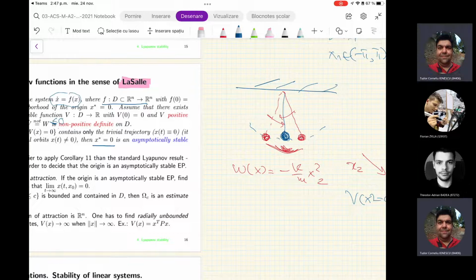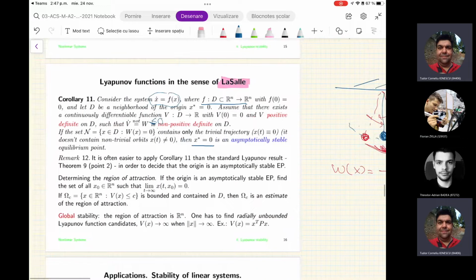Is this making sense to you? Yes. I suppose so. I don't know how to explain it better than this. Okay. Well, most of the times it's easier to apply this corollary, which is usually called LaSalle's principle.